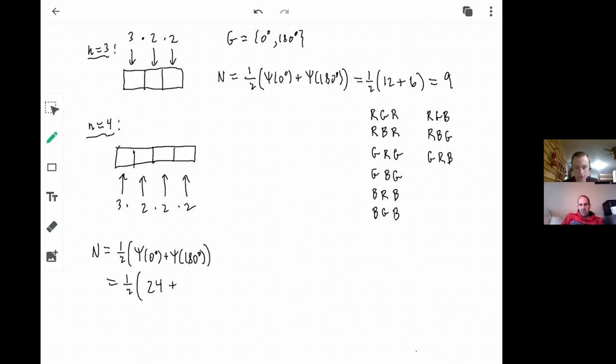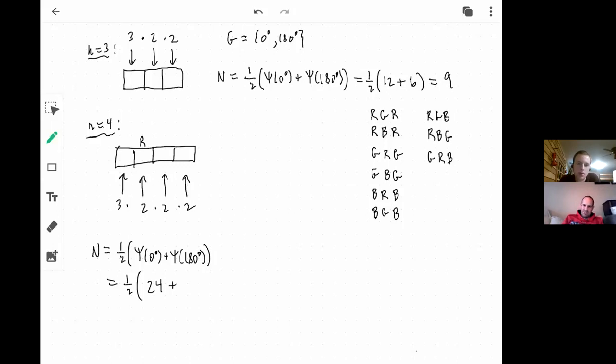And then 180-degree rotation. Well, that's a problem. Are any colorings going to be fixed under 180-degree rotation? Can you explain that a little bit more? Because that was another thing that I was still a little confused about when you were talking with Katie. Well, suppose I put red right here. Then what color is going to be next to it?